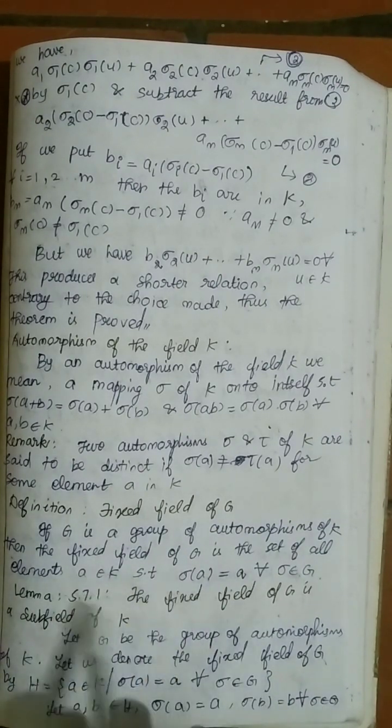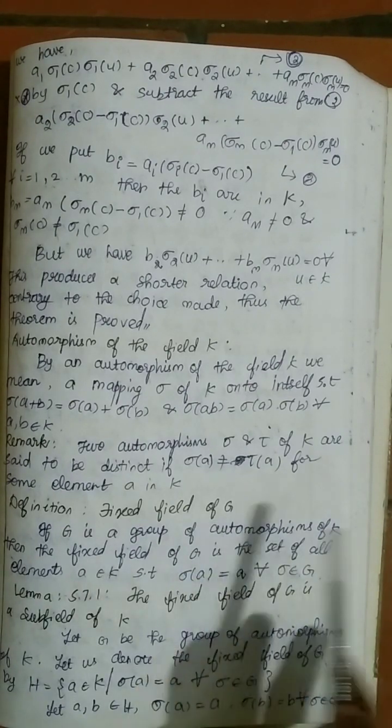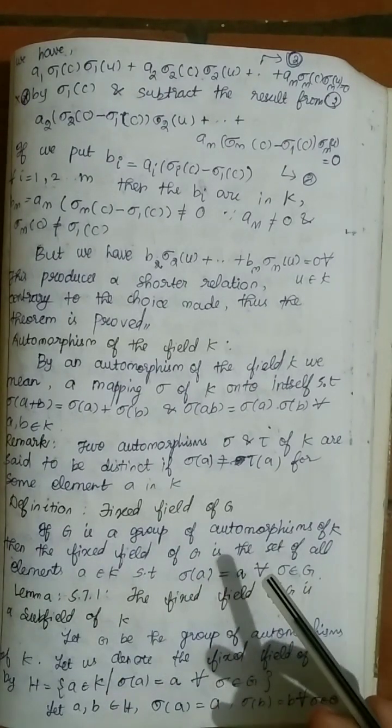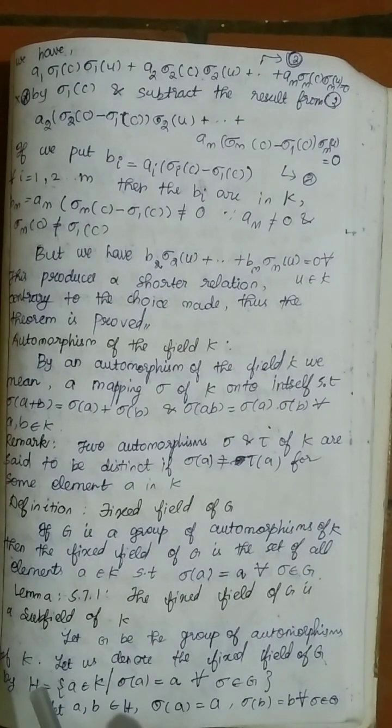For explaining purposes, if I take G equal to sigma 1, sigma 2, up to sigma n, the set of automorphisms of K. I'm just telling you this to explain the definition. Okay, this is not true in general, I'm just trying to convey the definition.